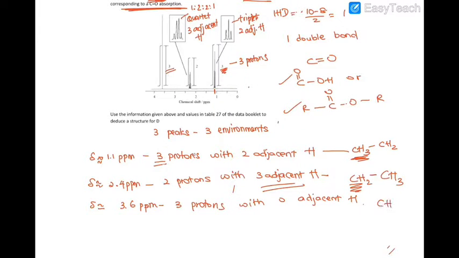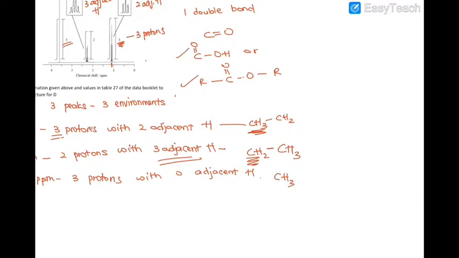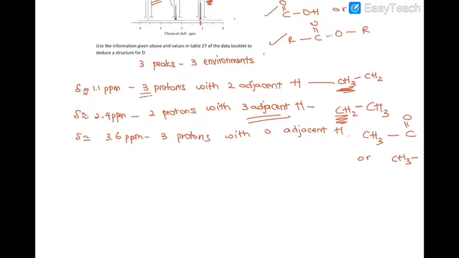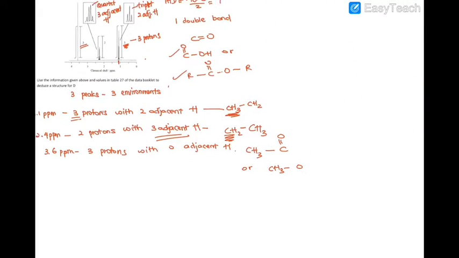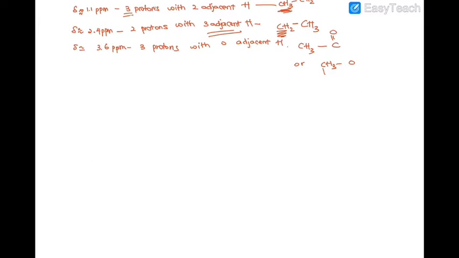So it means that it's a CH3 maybe which is bonded to a CO, or a CH3 which is bonded to an oxygen. So here we can confirm that there is no COOH. This has been eliminated, because if there was a COOH, we would have one peak, a singlet, with an intensity of 1, but there is nothing as such.